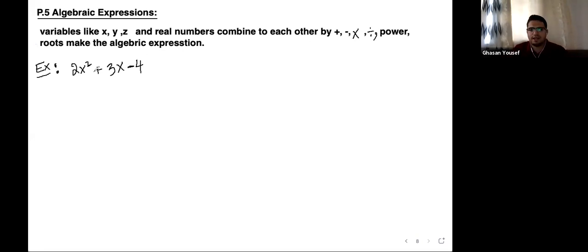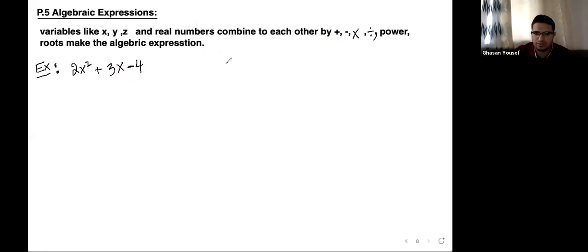We see the variable x, the real numbers 2, 3, 4, the operations minus and plus, and also a power: the power 2 here, and here the power is 1. All of them combined together give me an algebraic expression.